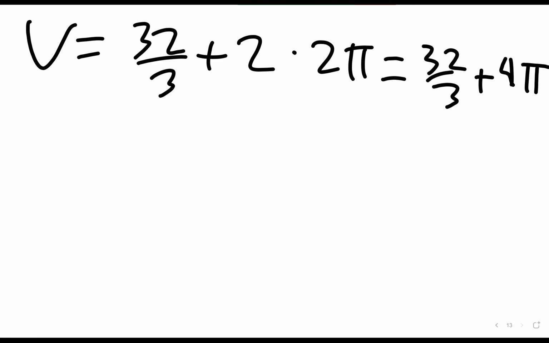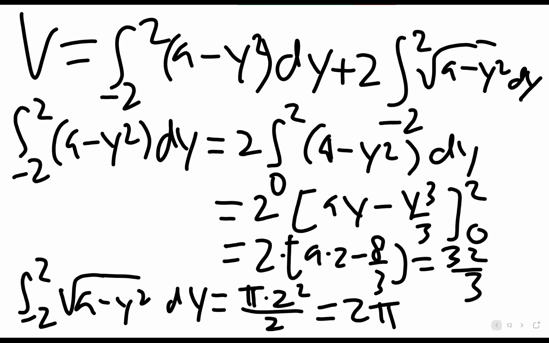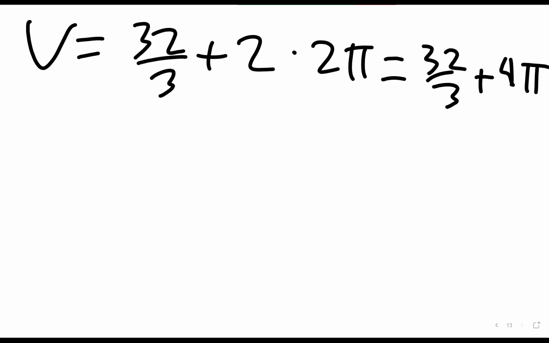Okay, so next one. Let us summarize the important points for the method of disks and washers: you have to know what the region is first, the sketch of the region.